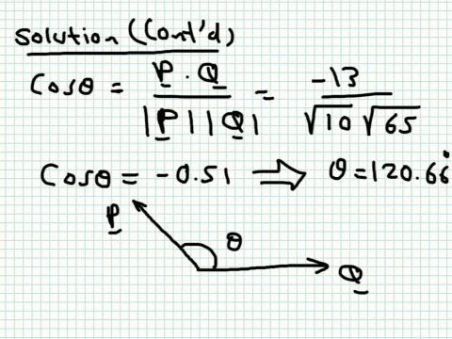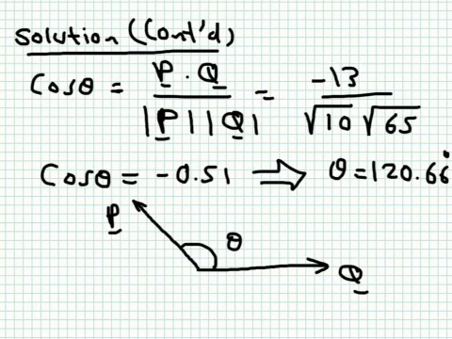The modulus of b is not that difficult. To get the modulus of b, you sum the square of all components and get the square root of 10. The same thing will happen with q. If you sum the square of all the components, you get square root of 65. If you expand all this, you get that cosine theta is equal to minus 0.51.